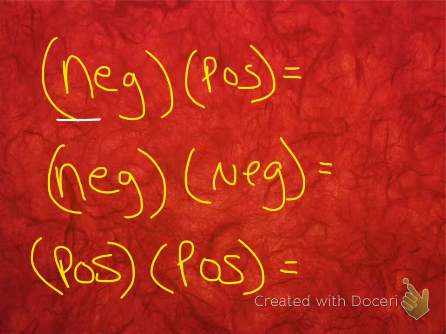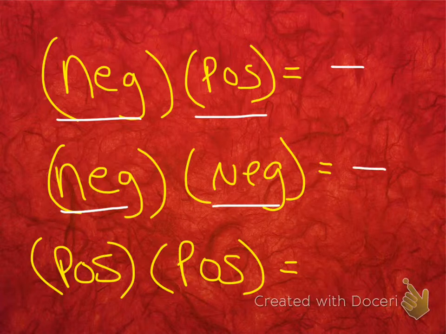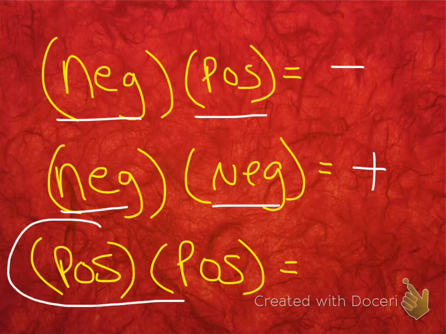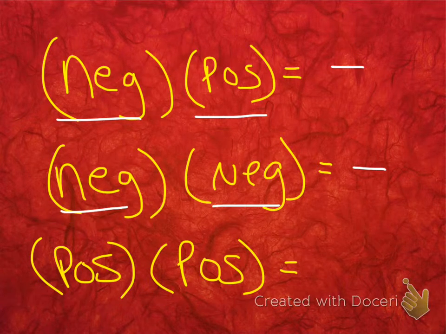So let's talk about what we just did here. We talked about that a negative times a positive is always going to be a negative. And a negative times a negative is always going to be, excuse me, a positive. A negative times a negative is a positive. This is the one you've been doing all your life: a positive times a positive stays positive.